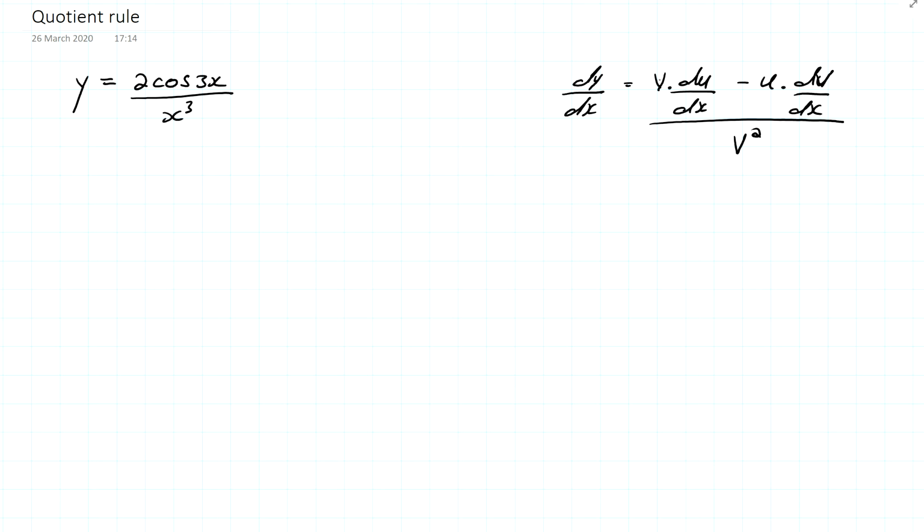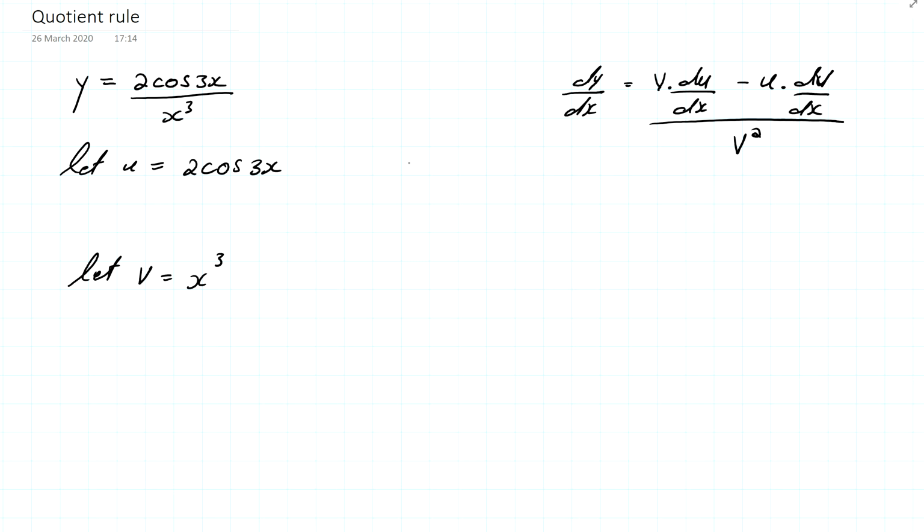Now, we let u be equal to the top, the 2 cos 3x, and we let v be equal to the bottom, the denominator.